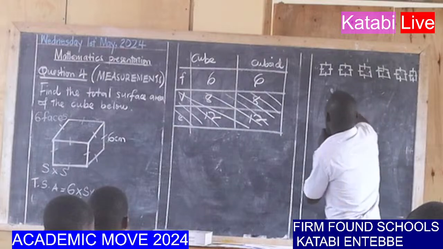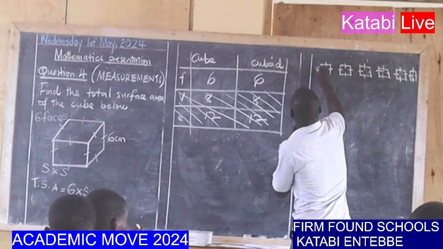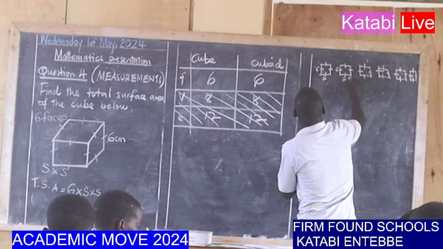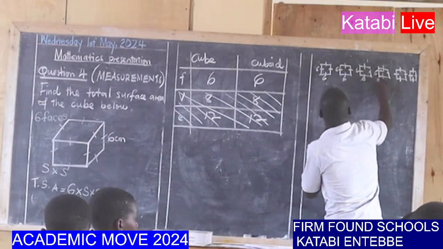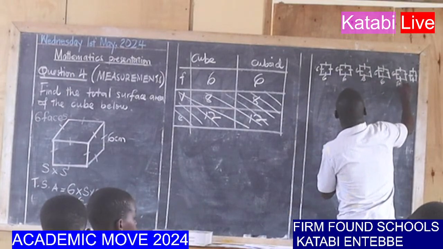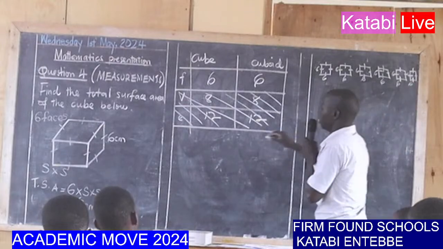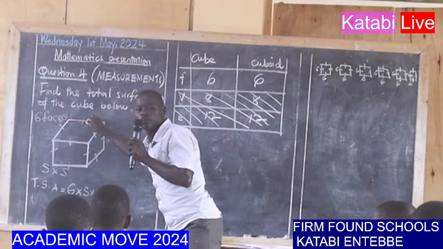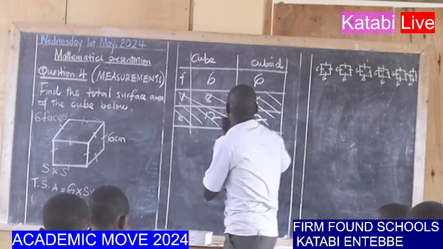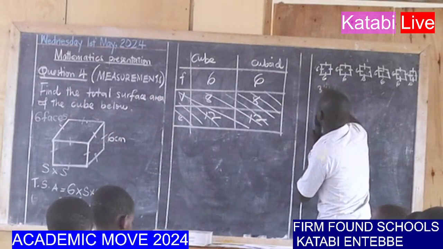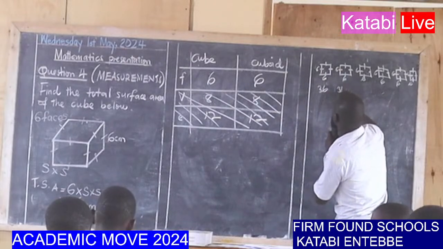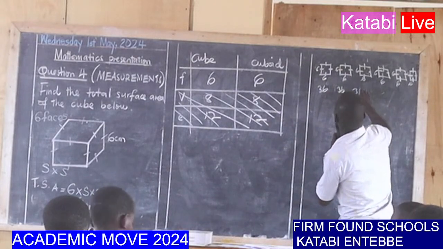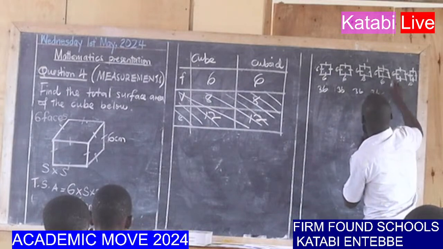Now, I would find the area of this: 6 times 6, 6 times 6, 6 times 6, 6 times 6, 6 times 6, 6 times 6. If here is 6, it means everywhere it is. All together? Now, 6 times 6 is 36.